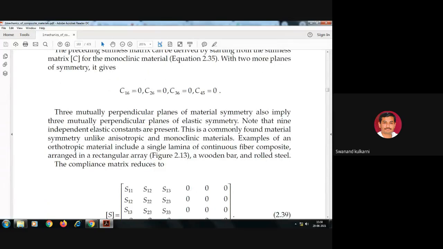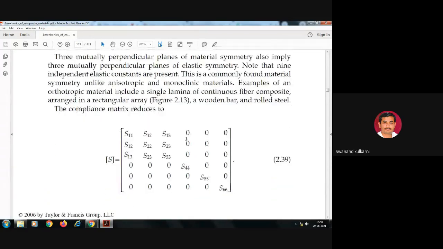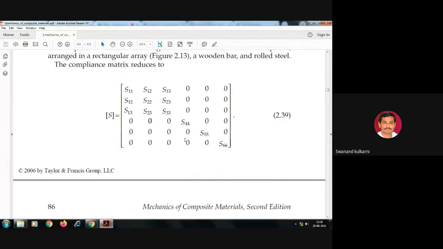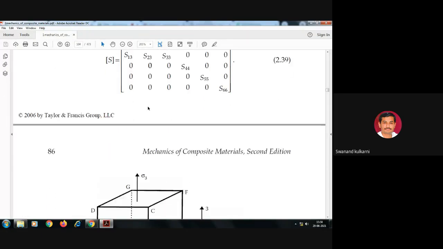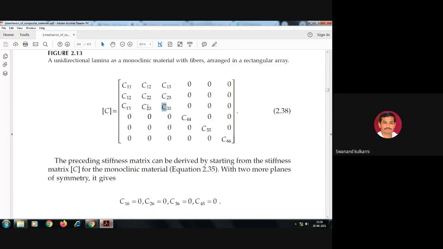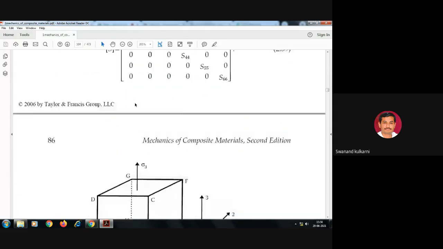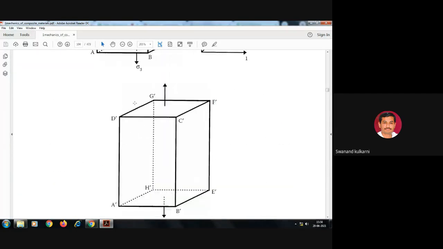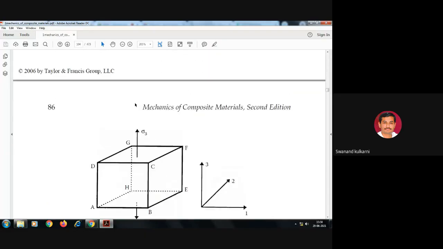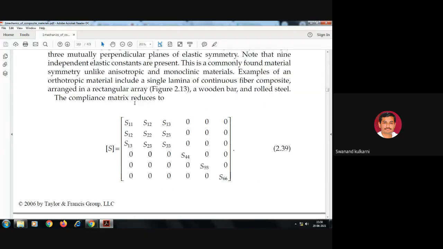Here you can consider the compliance and stiffness matrix, out of which S11 to S66 will be the S matrix, and C11 to C66 is the stiffness matrix. So the stiffness and compliance matrices are shown here for the different deformations and different materials.